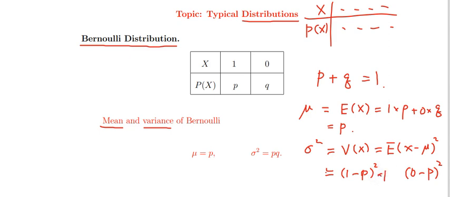So the first thing happens with probability p, and the second happens with probability q. So this equals (1 minus p) squared multiplied by p plus (0 minus p) squared multiplied by q, right?